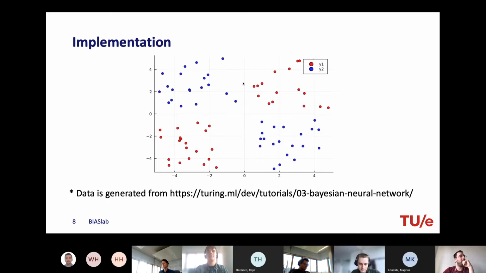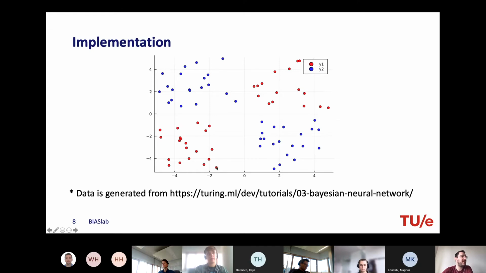So in this example, I'm going to implement a neural network with ForneyLab to train this neural network for this data set. In this data set, we have the features for each data instance. What are the features here? The feature for one data instance is the coordinate for this instance.